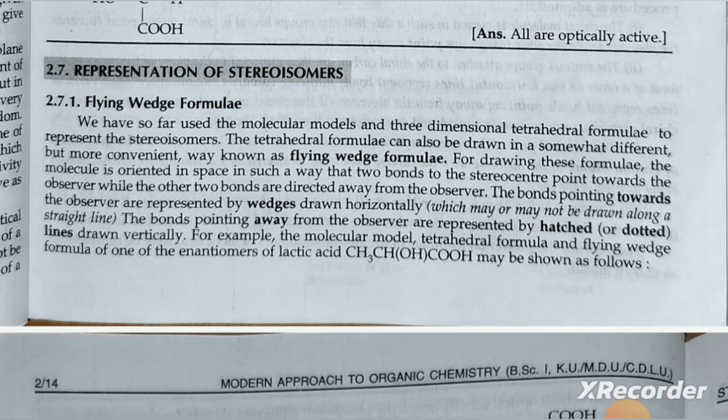For drawing this formula, the molecule is oriented in space in such a way that two bonds to the stereocenter point towards the observer, while the other two bonds are directed away from the observer. The bonds pointing towards the observer are represented by wedges drawn horizontally, which may or may not be drawn along a straight line. The bonds pointing away from the observer are represented by hashed or dotted lines drawn vertically.